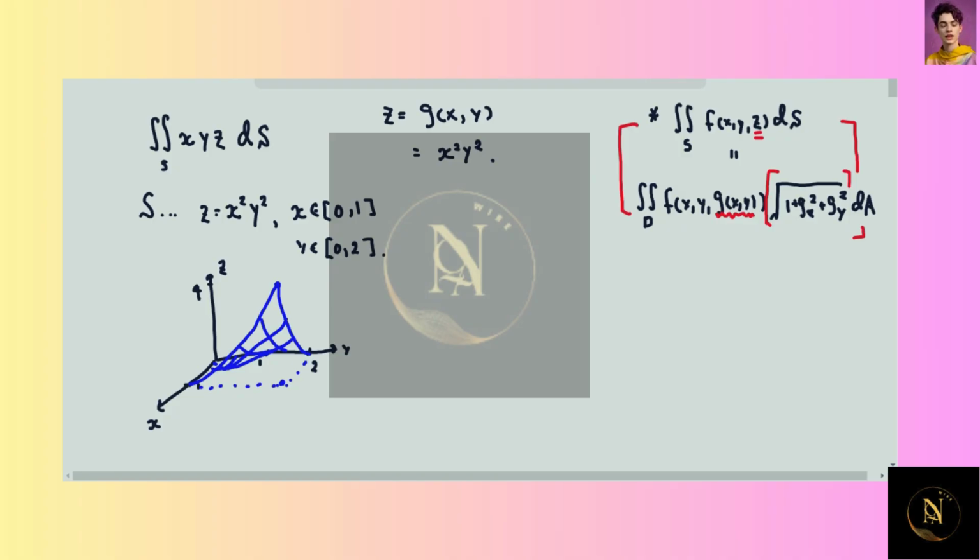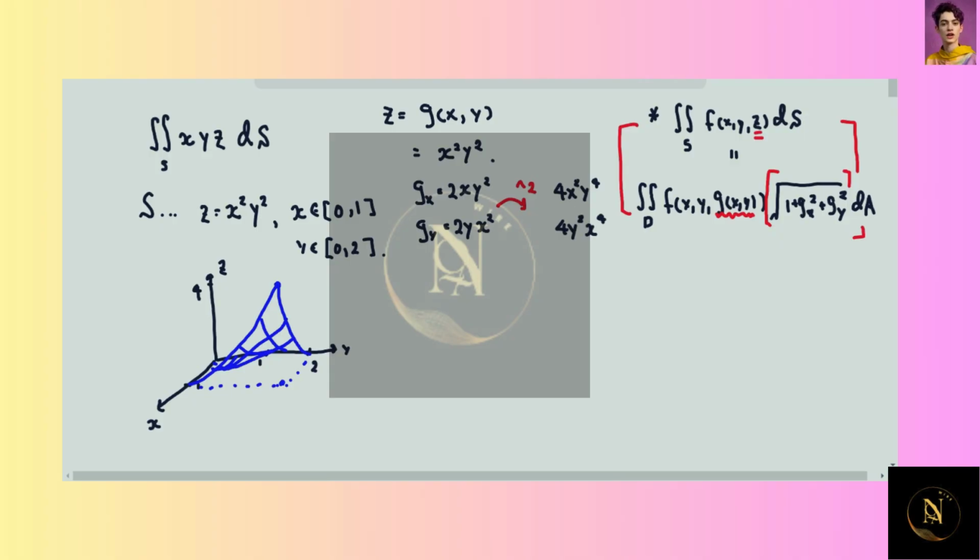Here we know that g sub x will be 2xy squared, and g sub y will be 2yx squared. When we square these expressions, we will get 4x squared y to the fourth and 4y squared x to the fourth.